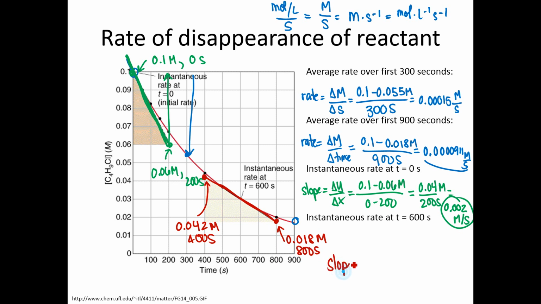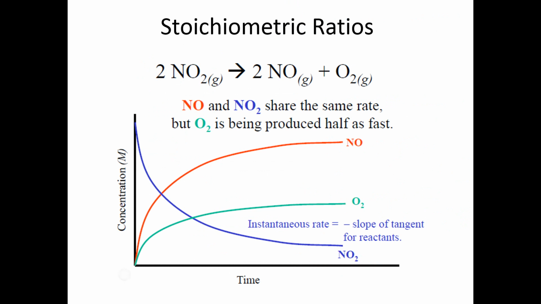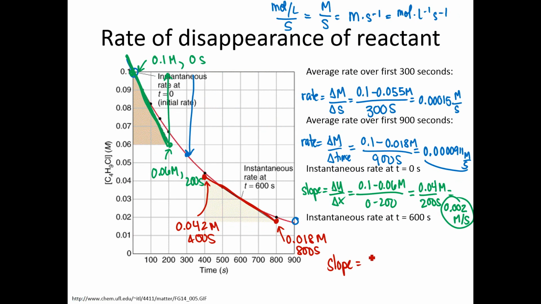So the slope here, again, is going to be rise over run. So it's going to be 0.042 minus 0.018 divided by 400 minus 800. And if that gives me a negative number, I'm not going to worry about it because we always express rates as a positive number.